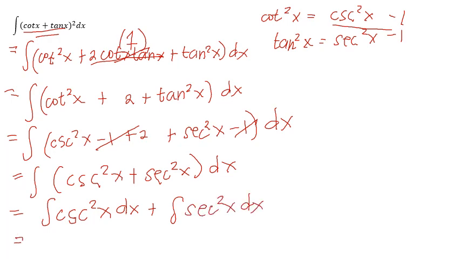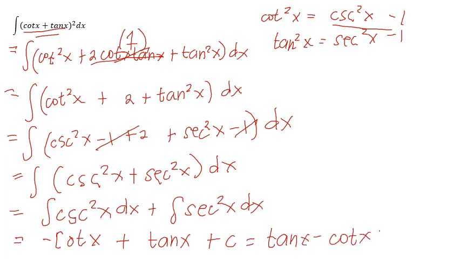The integration of csc squared x dx is simply equal to negative cotangent x, plus the integration of secant squared x dx, which is simply equal to tan x, right? Plus c. So maybe we could rewrite it this way: tan x minus cot x plus c. So this is now the final answer.